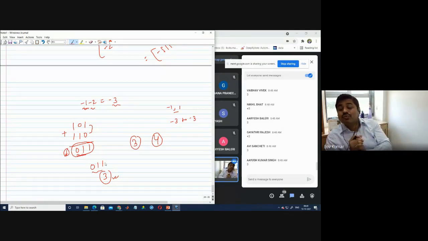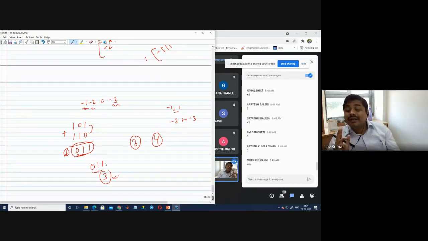If we write 0, 1, 1, we get 3, but actually minus 1 plus minus 2 should give minus 3, and we are getting 3. So the normal addition will not work. This is the second disadvantage of using sign magnitude number.